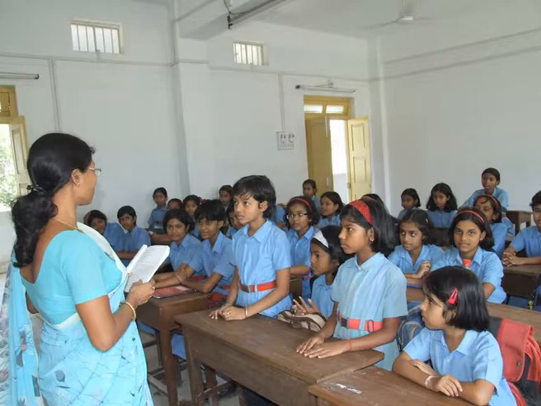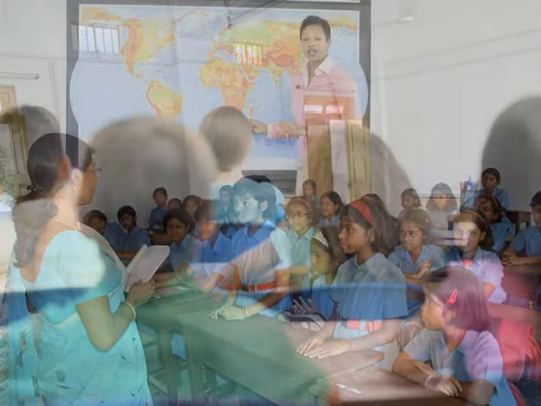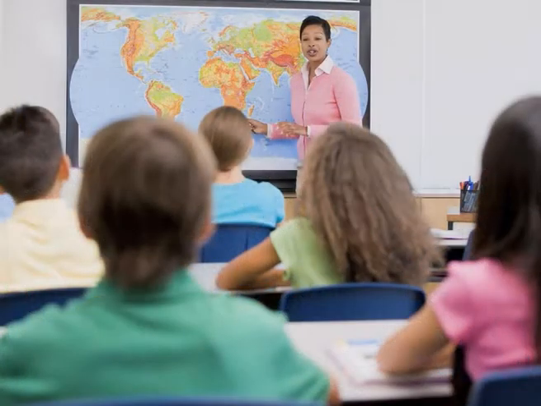Let us summarize. Today we have learnt about classroom management, and we understand that classroom management is a set of techniques and skills that the teacher needs to employ in order to control the students in the classroom for having a positive learning environment.